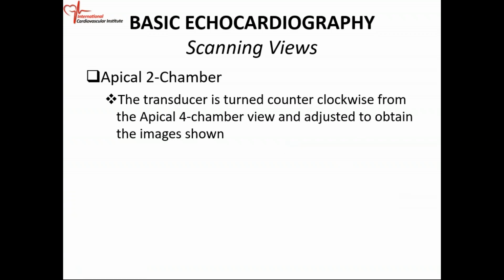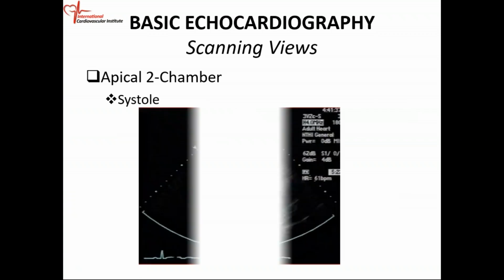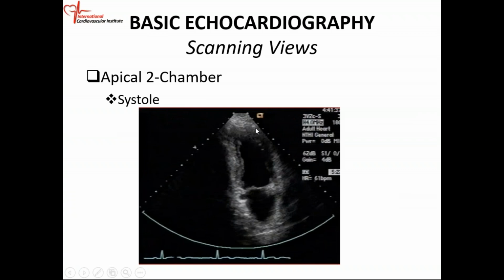You might have to adjust the transducer a little bit to get the picture that you're supposed to get, and the picture you want to get looks like this. So from the apical 4-chamber view, you're going to rotate the transducer counterclockwise, and again, small, minuscule movements. And this is the picture you're supposed to get.